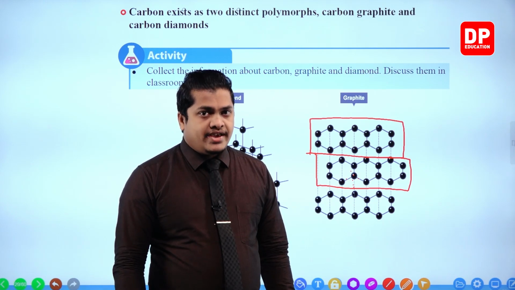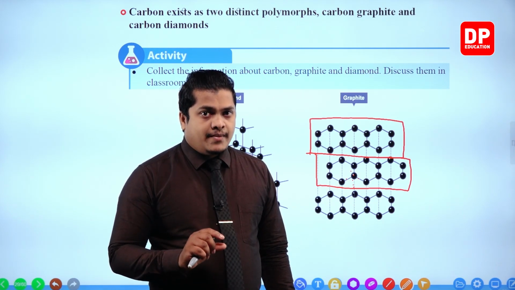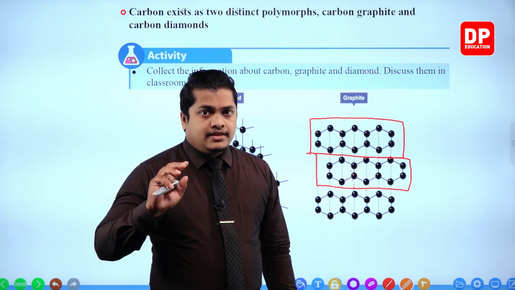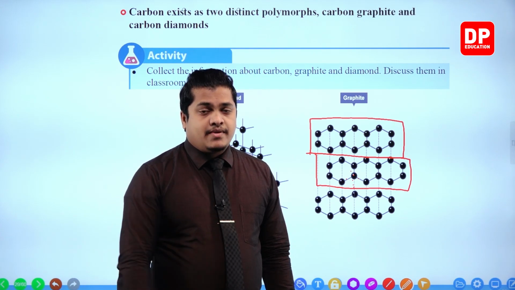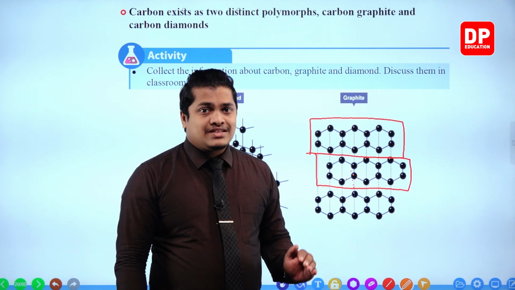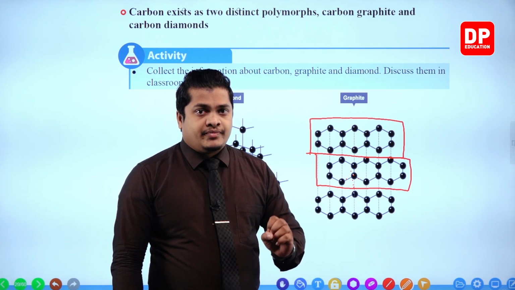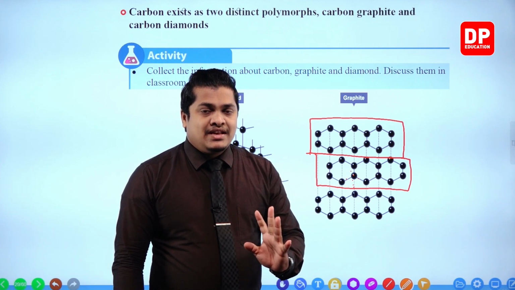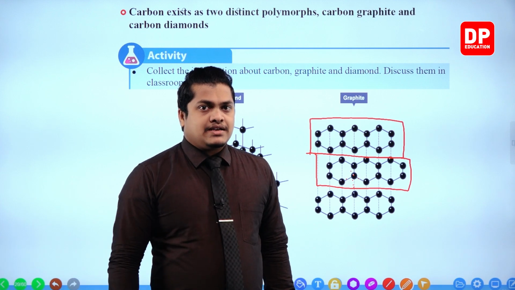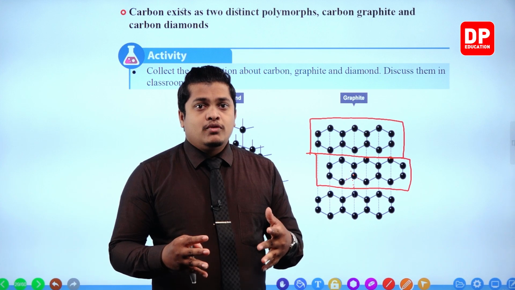Within it, one carbon atom creates 3 bonds with nearby carbon atoms, and these are arranged as layers. These layers have weaker bonds, so the layers have the ability to slide past each other. Because of this sliding ability, graphite has lubricative properties.